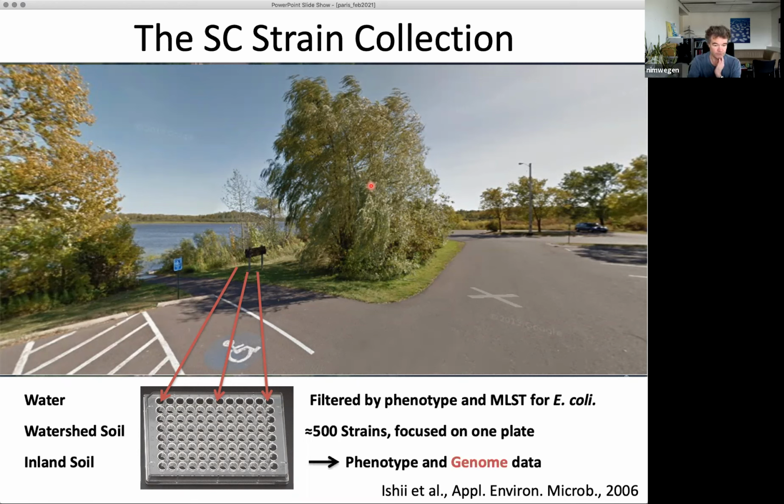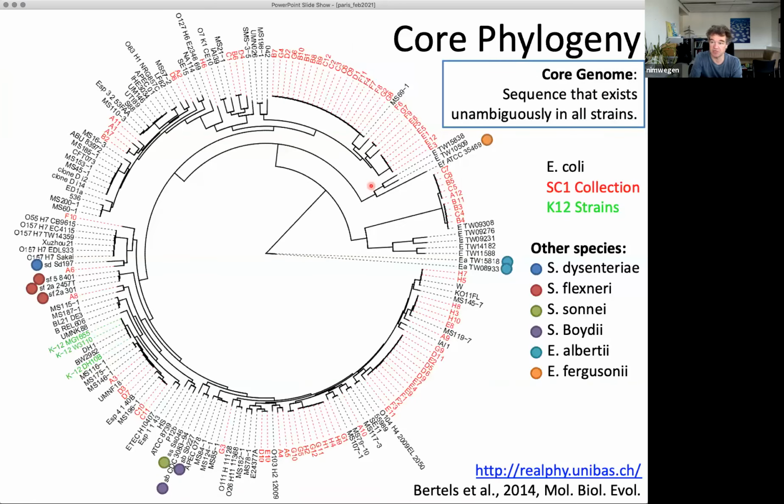We got a lot of phenotype and genome data, but today I will not talk about the phenotype data. I will focus entirely on what we learned from genome data. After we sequenced and assembled these genomes, we made a core genome alignment, so the pieces of the genome that are shared and occur once in each of these strains.